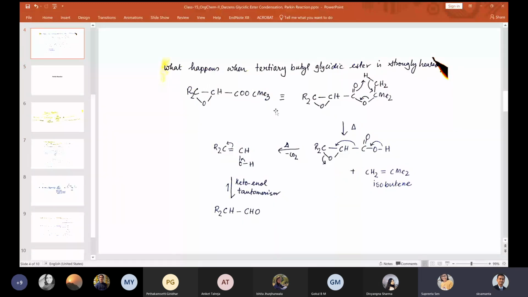Yes, the reactions of LDA. You mean the Claisen ester condensation part? Yes, sir. Last slide, right? You mean the last slide? Yes, sir. The reactions of enolates with LDA. Okay.